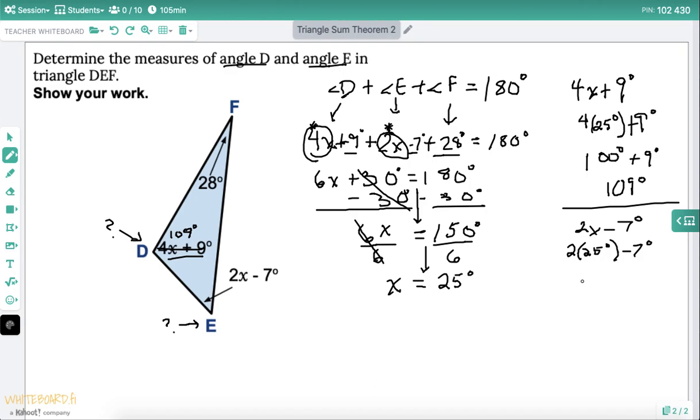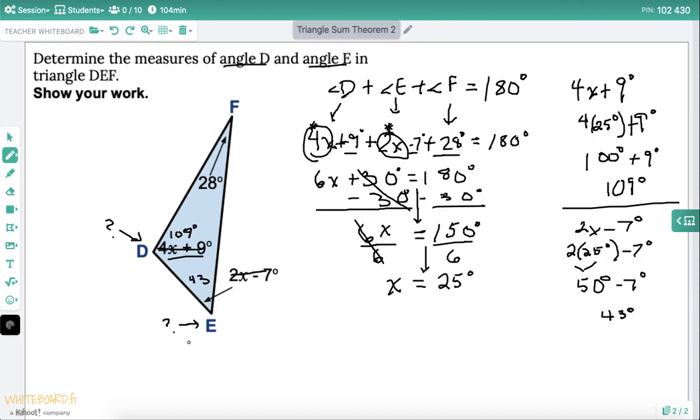We know that 25 times 2 is 50. So this gives me 50 minus 7. That's going to be 43 degrees. Okay, so I could cross this out and I can write 43 right here.